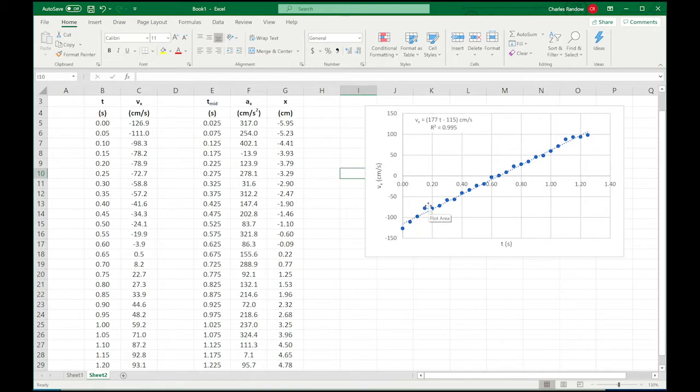In order to actually get the true integral, we have to add the previous value of the area under the curve in. So for example, this minus 5.23, I'm going to change this, put a plus sign, I'm adding the previous value of negative 5.95. So I'm going to click up here on G5. So this first entry, G5, is only the area based on this average of these points.